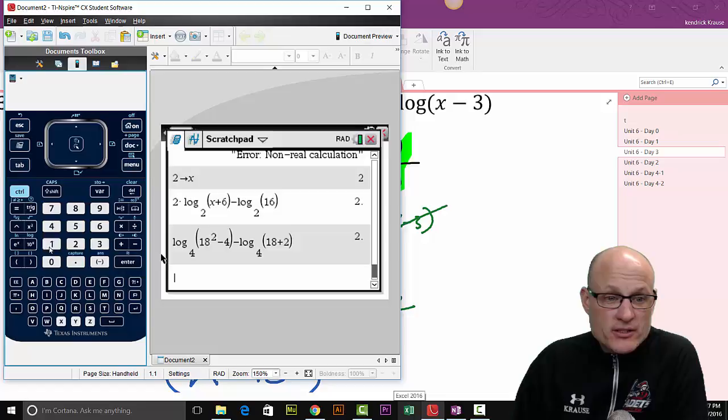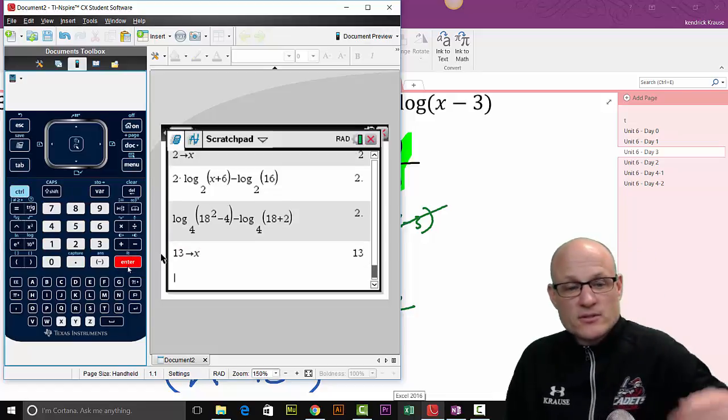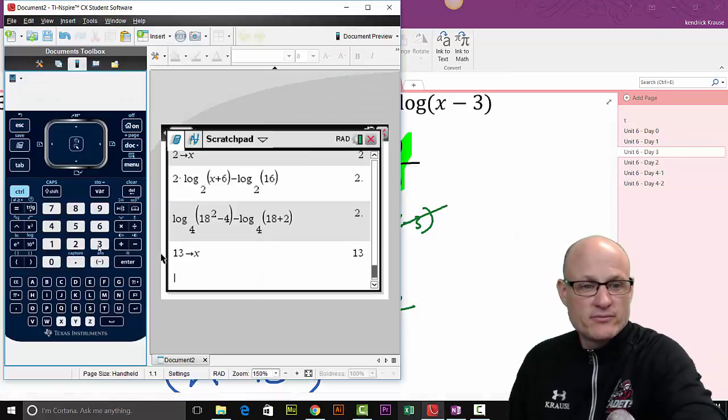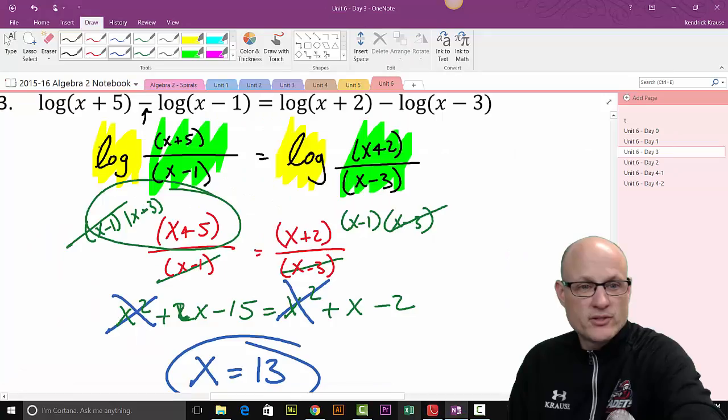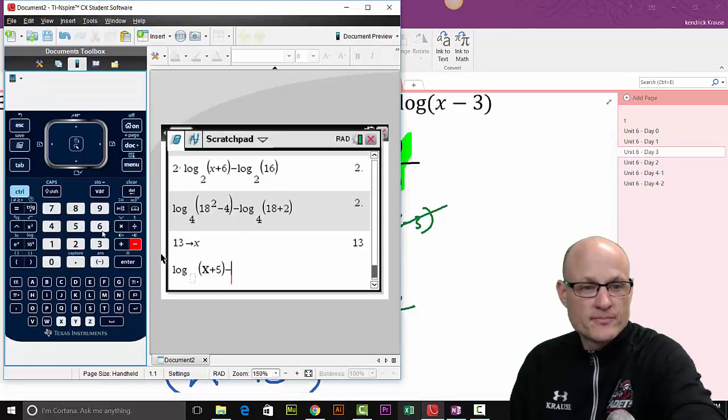So, 13, control var x. And then we're going to do log base 10 of, so control log. Now, you don't have to put the 10 in. x plus 5, because it's understood. You'll see it'll put it in there for us. Minus, control log, you don't have to put the base in, x minus 1. Now I'm going to hit enter.